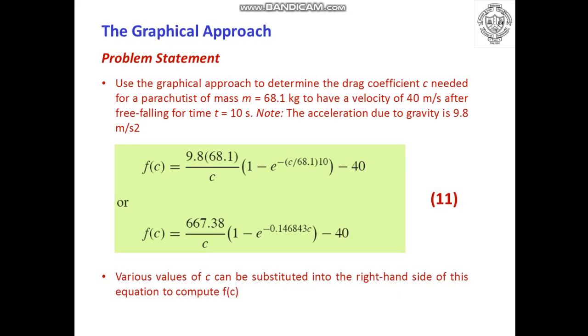When I simplify the term c divided by 68.1 into 10 and this multiplication, I'll get the equation as f of c equal to 667.30 divided by c into 1 minus e raised to minus 0.146843 c, minus 40. Now various values of c can be substituted into the right hand side of the equation, which will give you the function f of c.